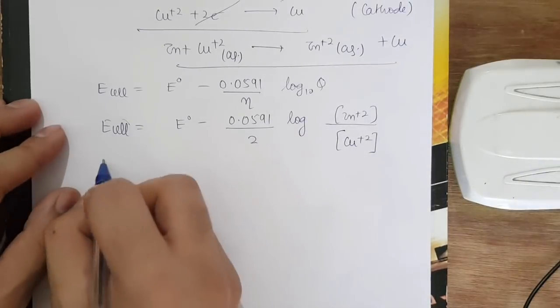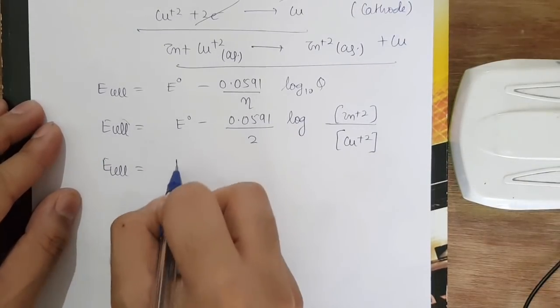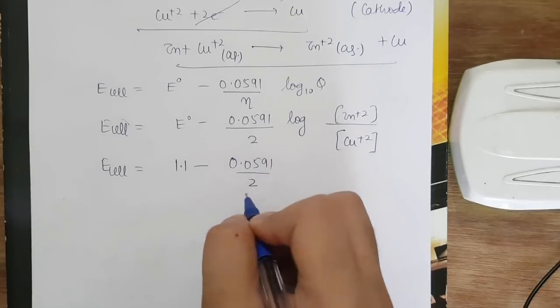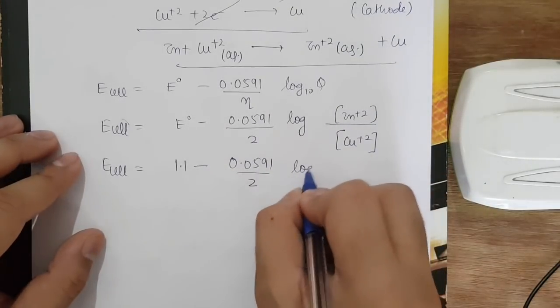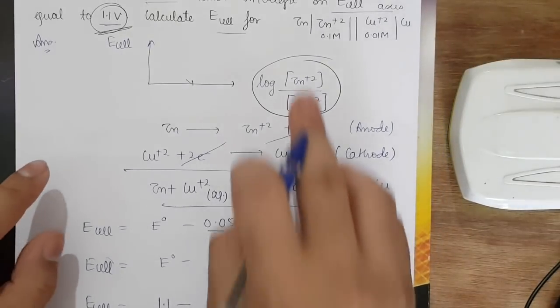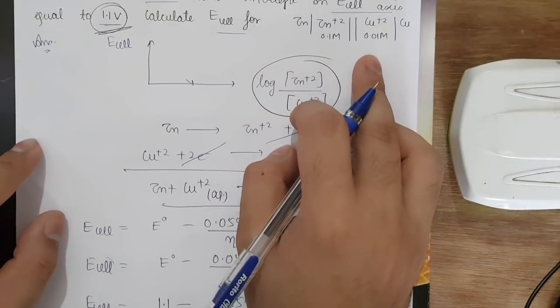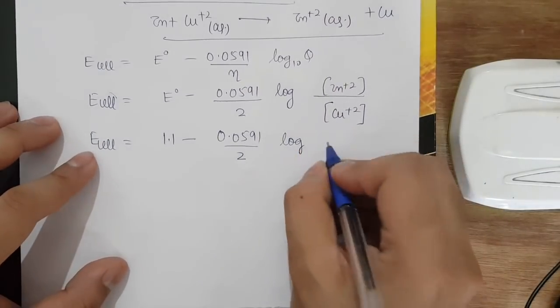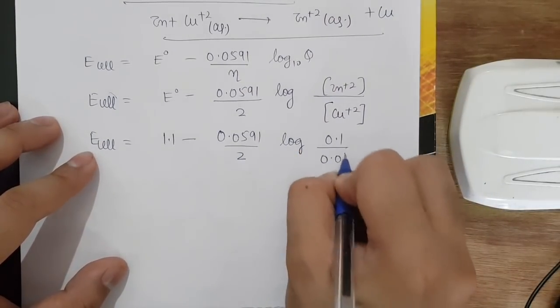So we know that E cell would be equal to 1.1 minus 0.0591 upon 2 log of Zn plus 2, which has been given to us as 10 raised to power minus 1, and Cu plus 2 has been given as 0.01. Substituting the values, we get 0.1 upon 0.01.